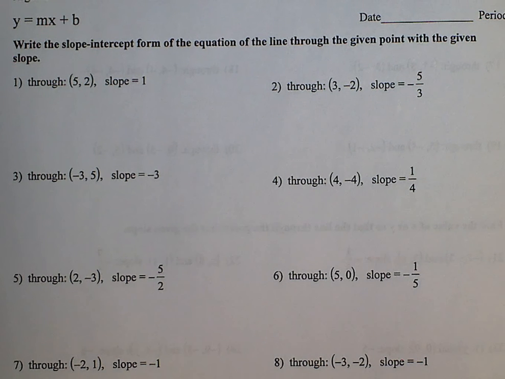So let's go through number 1. Y equals mx plus b. So, Lucas, what do I put in place of y? 2. Great. So 2 is equal to, what do I put in place of m? 1.